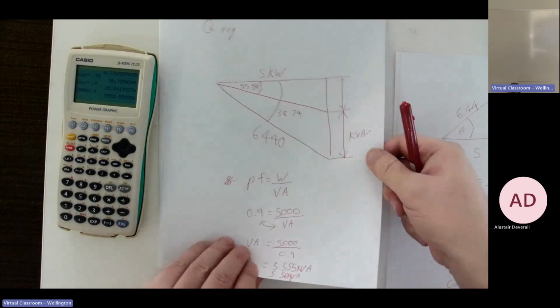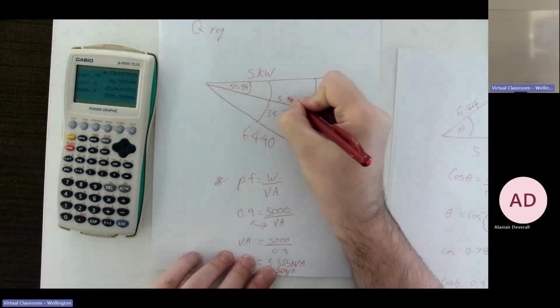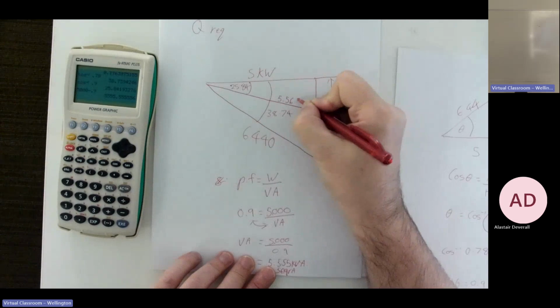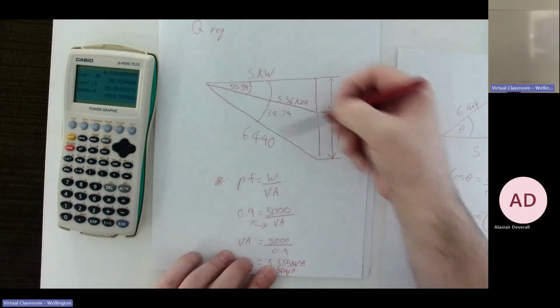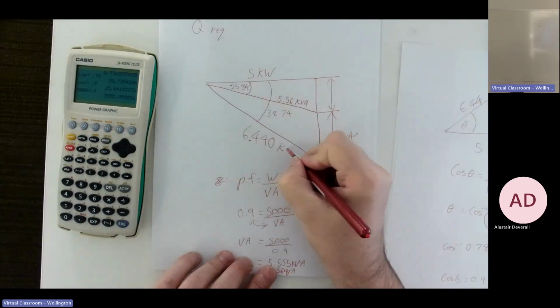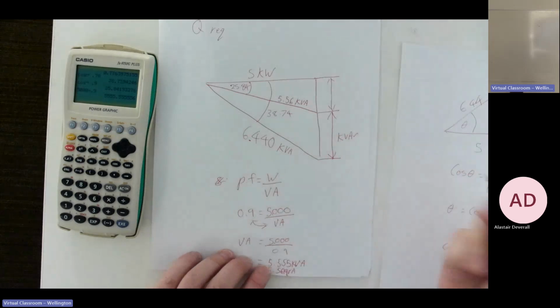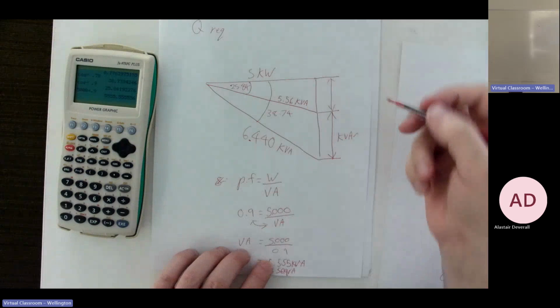Sorry, a bit messy. So that's our value along here, 5.56 kVA. And our previous value here, we already knew is 6.44 kVA. And we could use Pythagoras to calculate this length here and that length there.